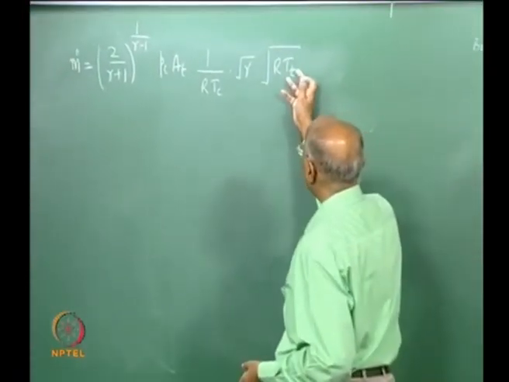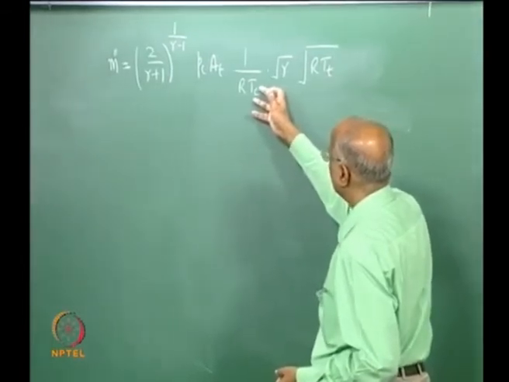Now I find I have TT here, TC here, but this is fully here.